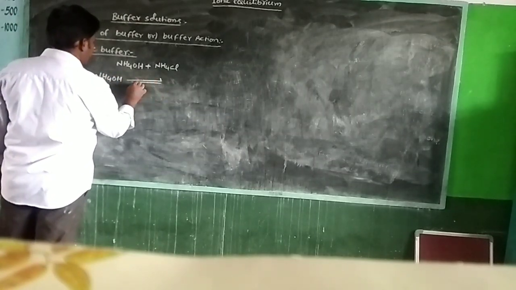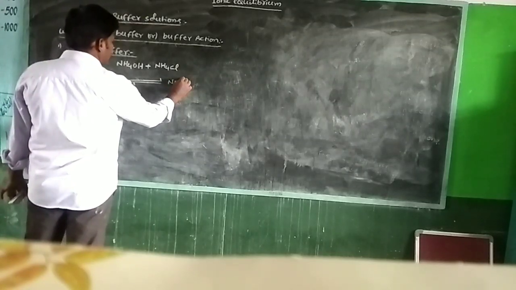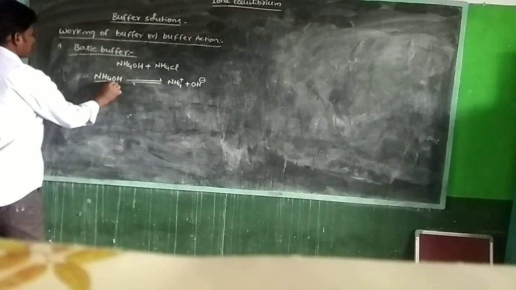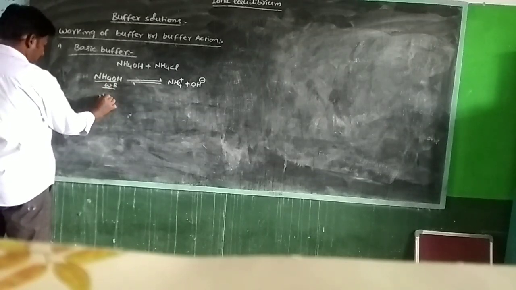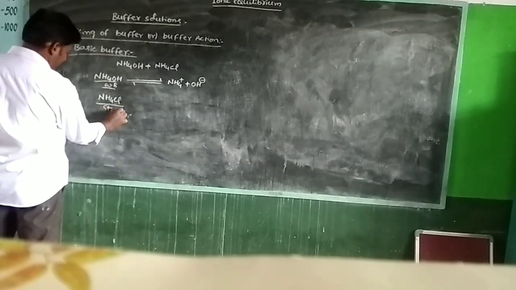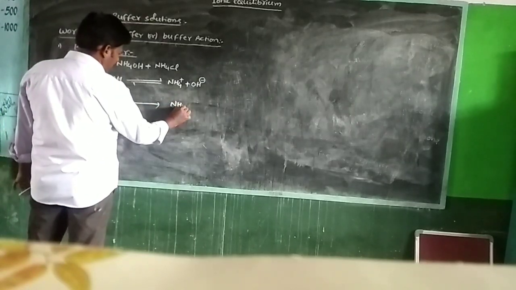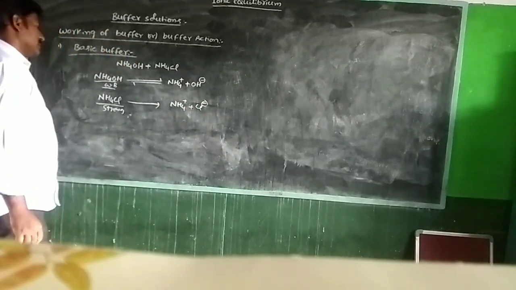You can write NH4OH in a reversible reaction as NH4 plus and OH minus ion. This is the weak base. And NH4Cl is a strong electrolyte, easily ionized to give NH4 plus and Cl minus ion.